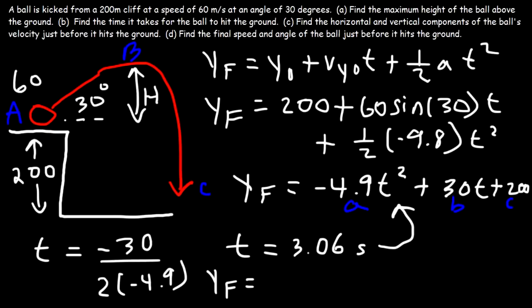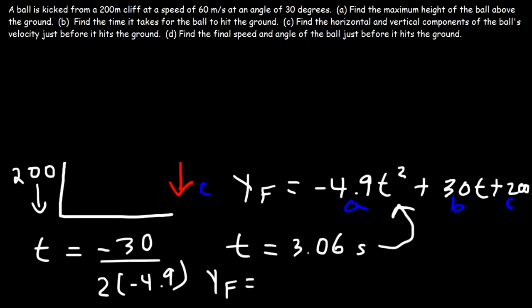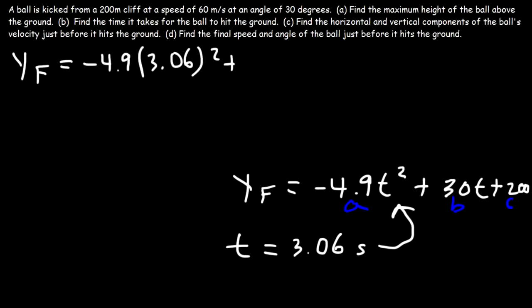Let's clear away a few things. So y final is going to be equal to negative 4.9 times 3.06 squared plus 30 times 3.06 plus 200.